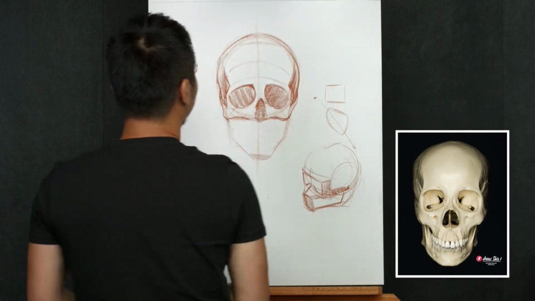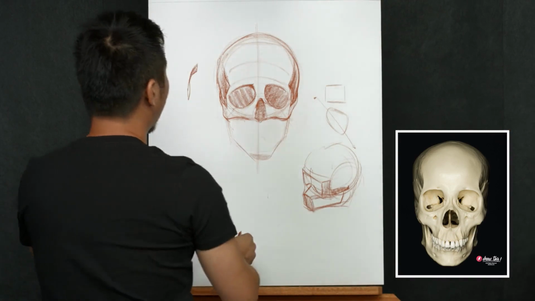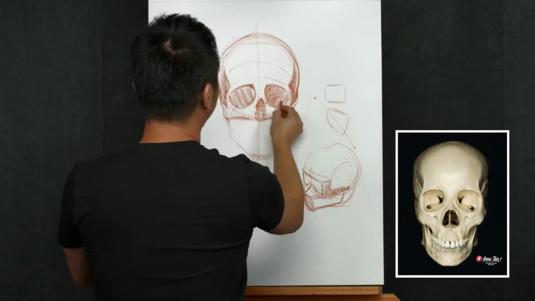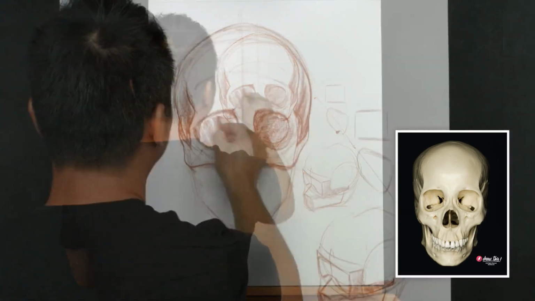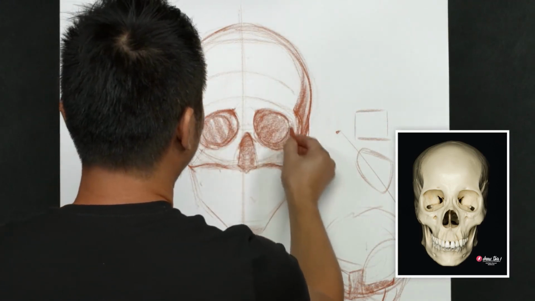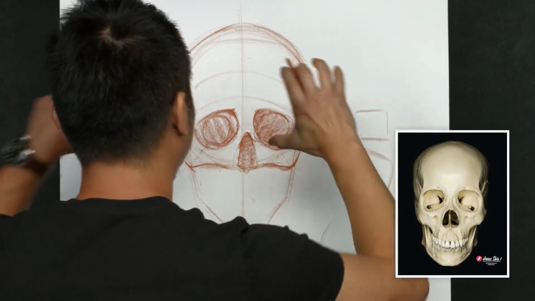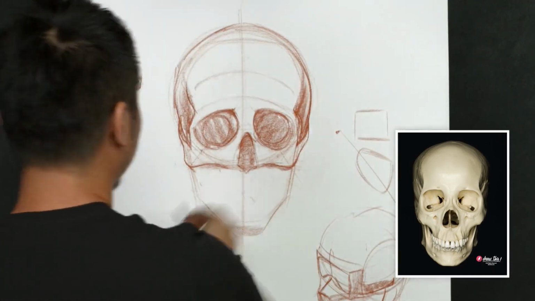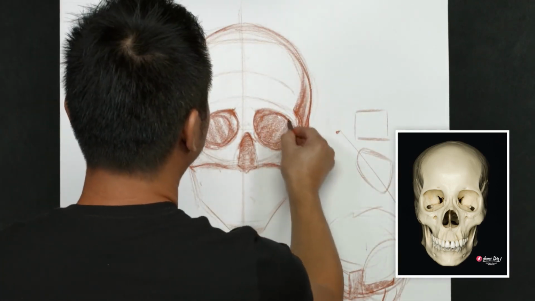Okay, so the eyeball is going to fill in pretty much the whole eye socket, and everything else is just muscle that wraps around the eyeball. Let me use a different charcoal so you can see.